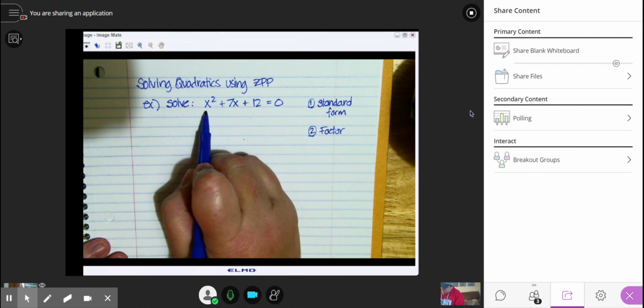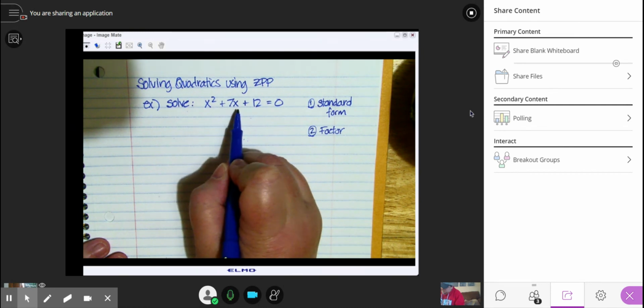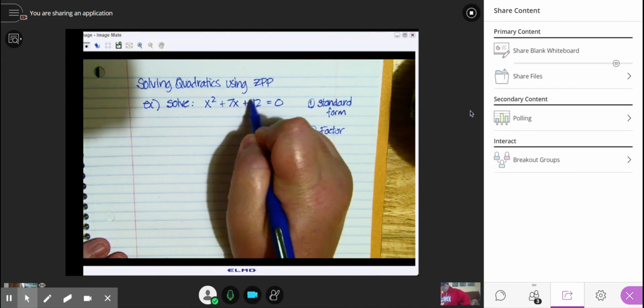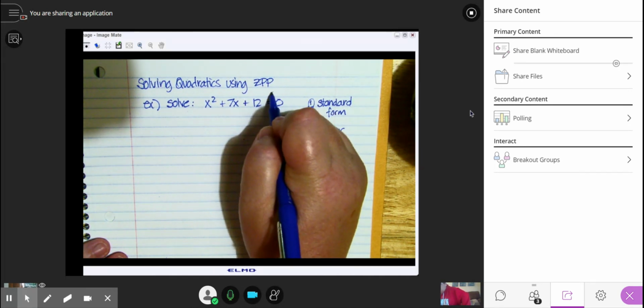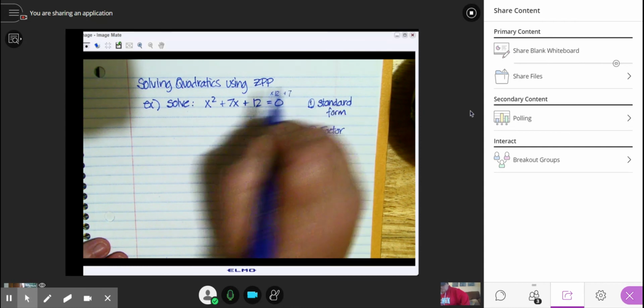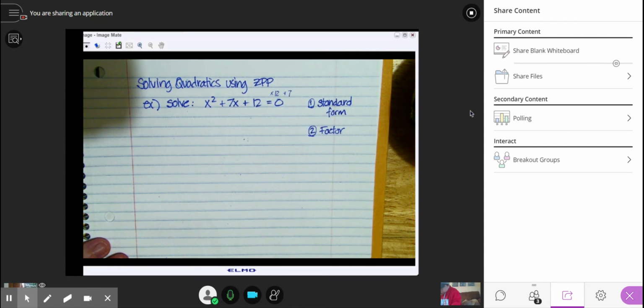So if I have x squared plus 7x plus 12, I need the two numbers that multiply to give 12 but add to give me 7. So what two numbers would multiply to give me 12, but add to give me 7?